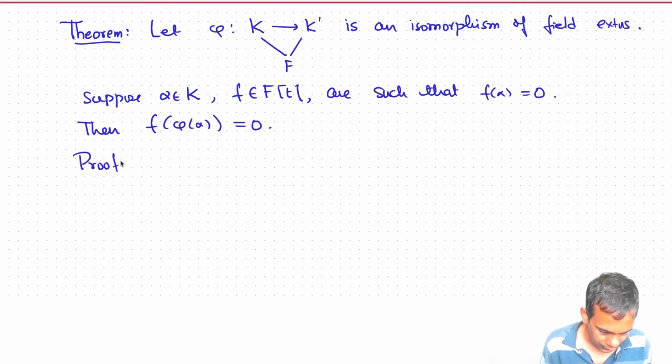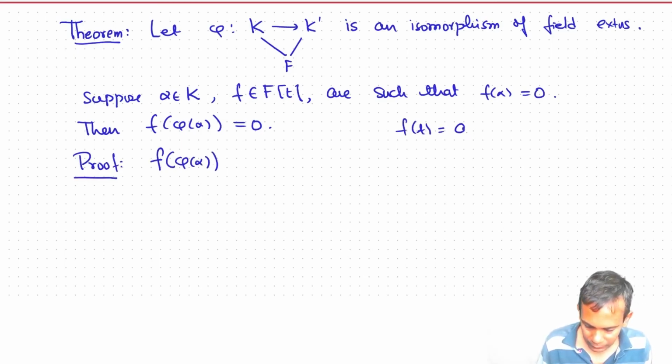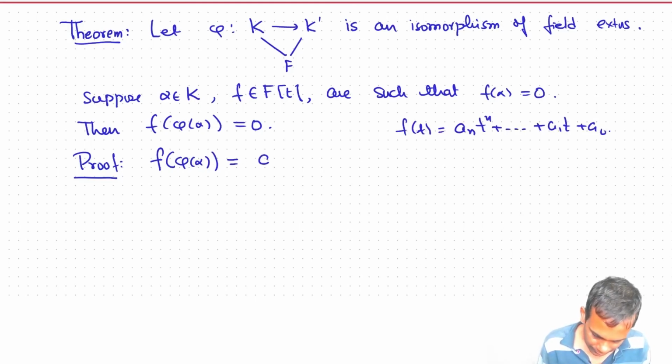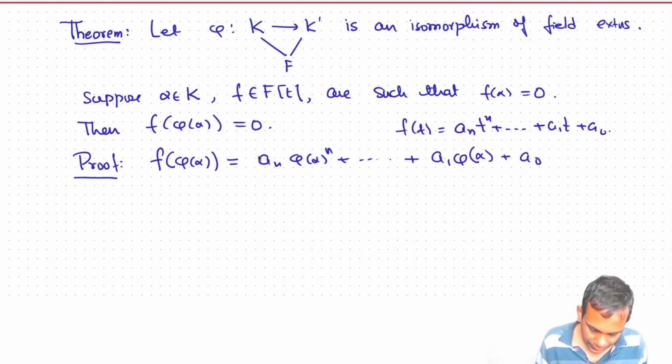This is rather straightforward. So let's just look at f(phi(alpha)). Let's say that f(t) is the polynomial a_n t to the n plus ... plus a1 t plus a0. Then f(phi(alpha)) is a_n phi(alpha) to the n plus ... plus a1 phi(alpha) plus a0. Now a_n up to a0 are all elements of F, so phi of a_i is equal to a_i.